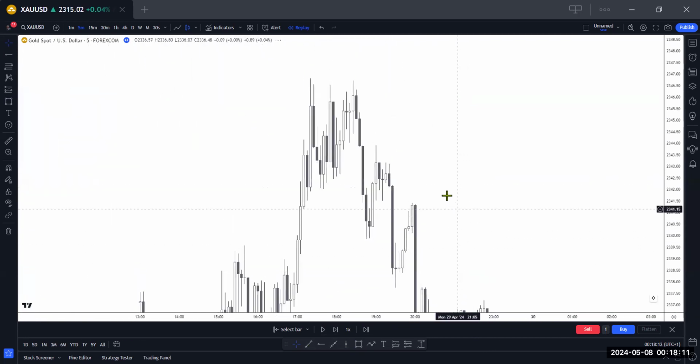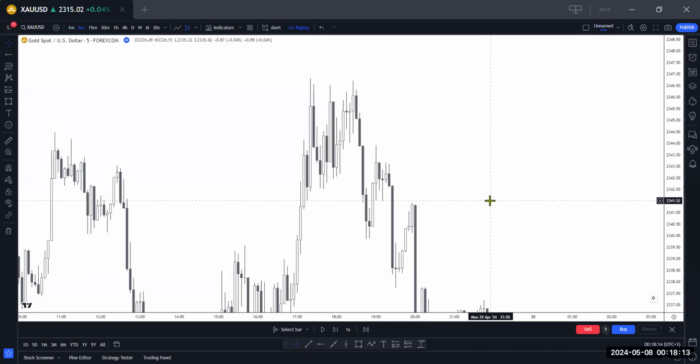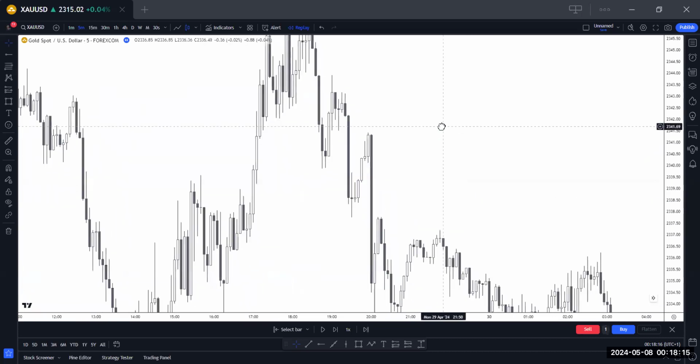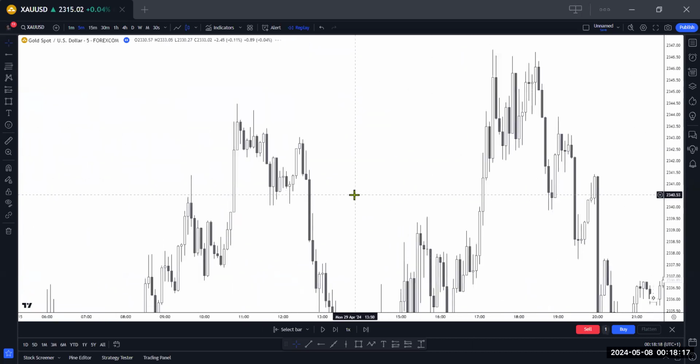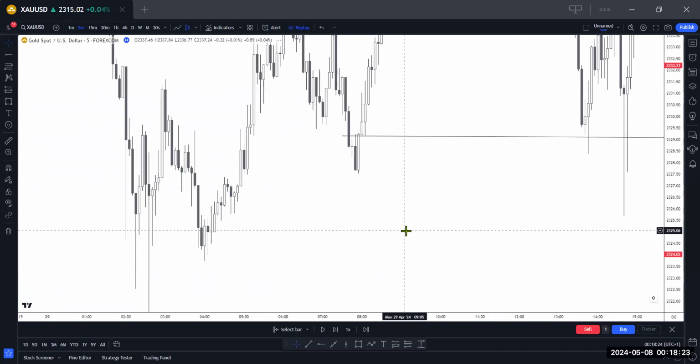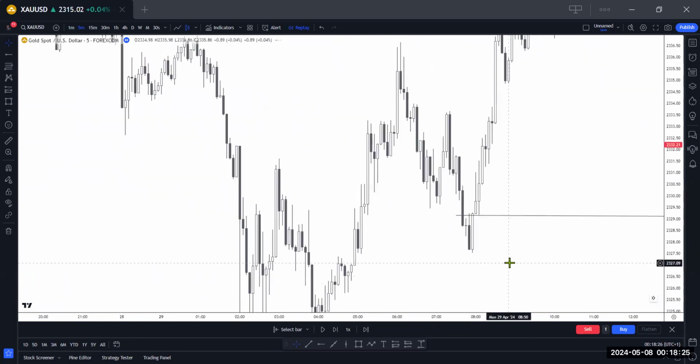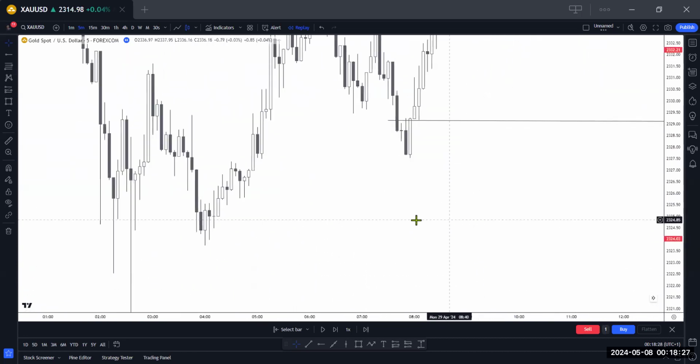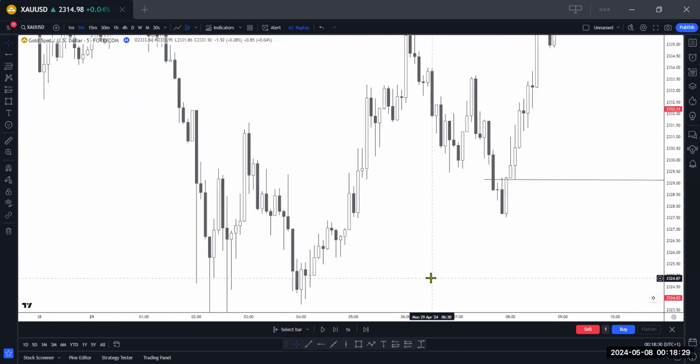Continuation setups only. All right, hope you guys can see this.